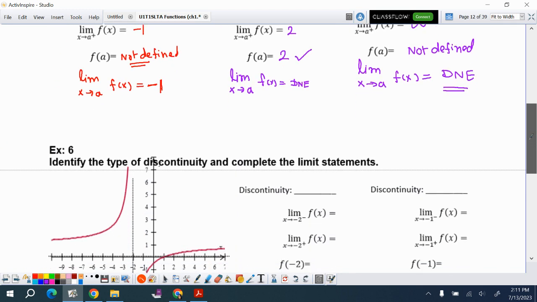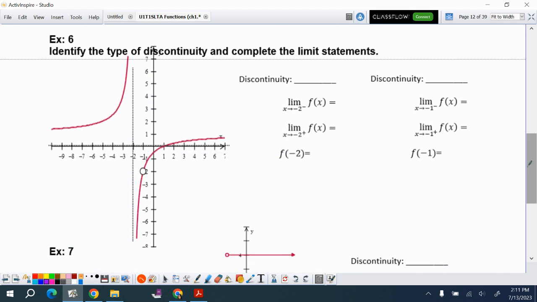Okay, so now let's try to answer these questions here. So you are given the graph, x approaches negative 2. So find out where negative 2 is here. There is a vertical asymptote at negative 2. So what type of discontinuity is this? Infinite discontinuity. X approaches negative 2 from the left side.